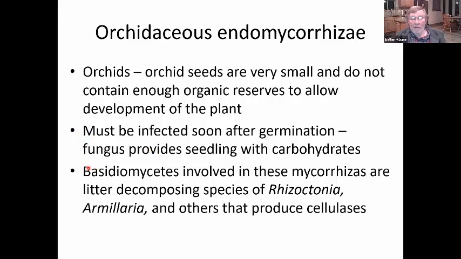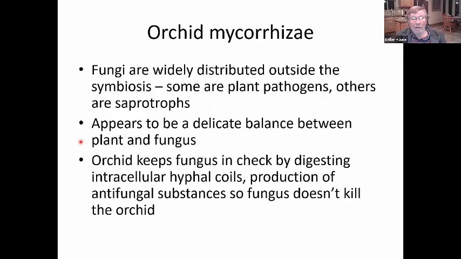And the basidiomycetes that are involved in these types of mycorrhizae are really good litter decomposing species. And those are a couple of genera, but there are others. And they produce cellulases, and they can decompose materials in the soil to provide the nutrition for orchid seedlings as they're getting established. So the fungi that are involved are widely distributed outside the symbiosis.